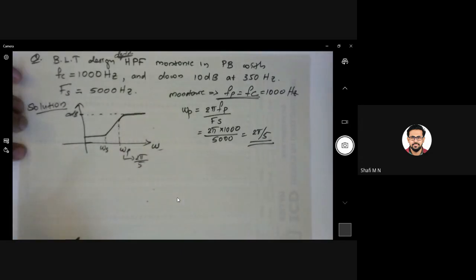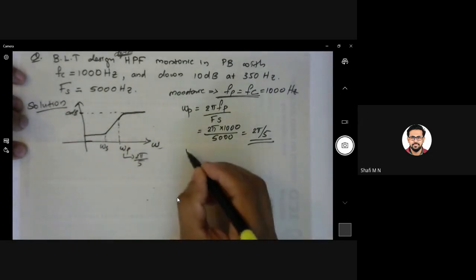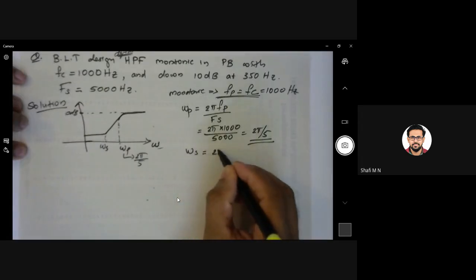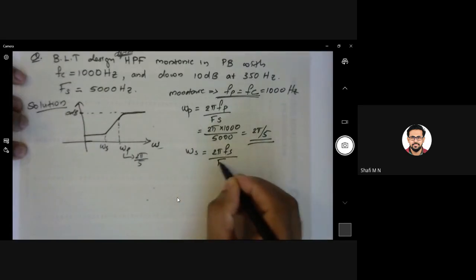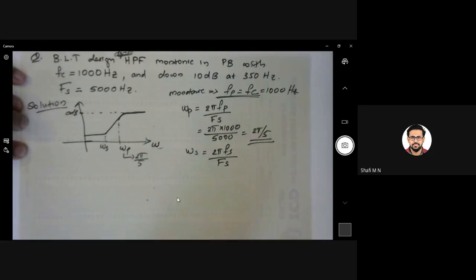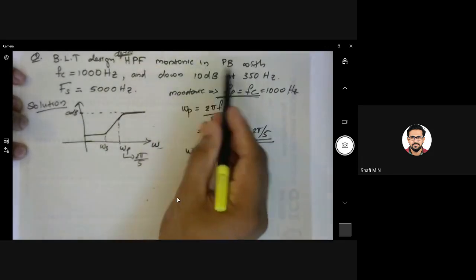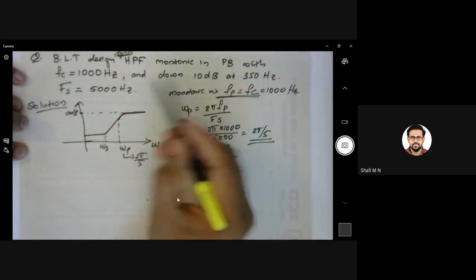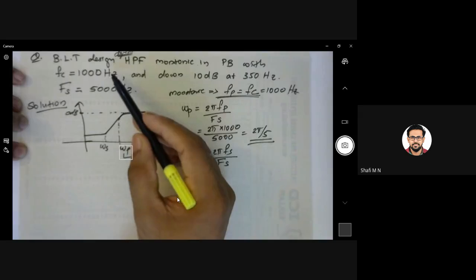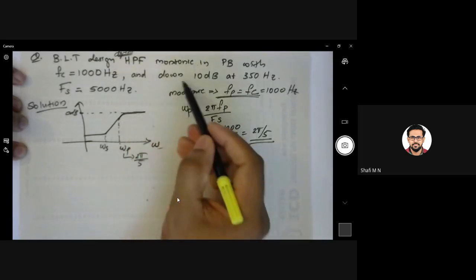Now find the value of omega s. 2 pi into fs by capital Fs. Small fs is the stop band edge. So what is mentioned? It is monotone in pass band. I have used that sentence with fc 1000, so that's fine. I understood that fc equals fp. And down 10 dB at 350 Hz.